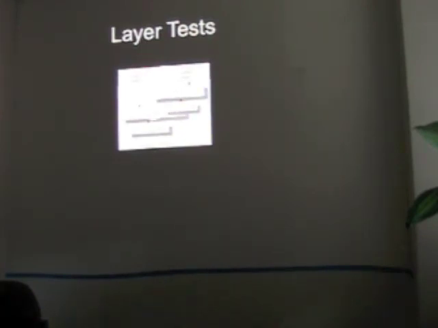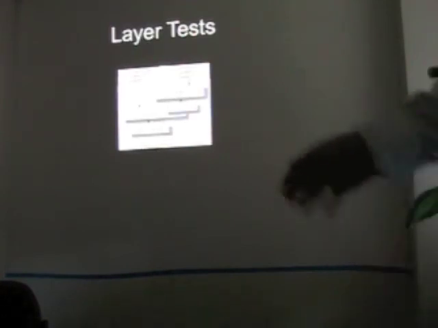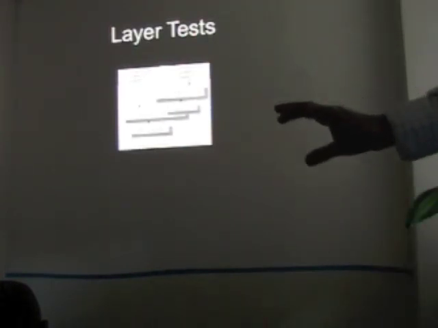For this particular layer, I'm only concerned with this layer. I don't care about the other layers. I have a test double that replaces the entire layer above. The layer beneath is also replaced by a test double. That particular layer is isolated from the layer above and the layer beneath. I'm only worried about that particular layer.